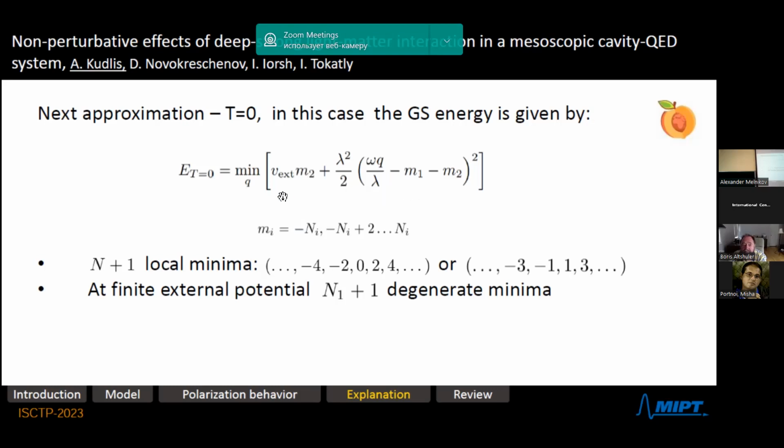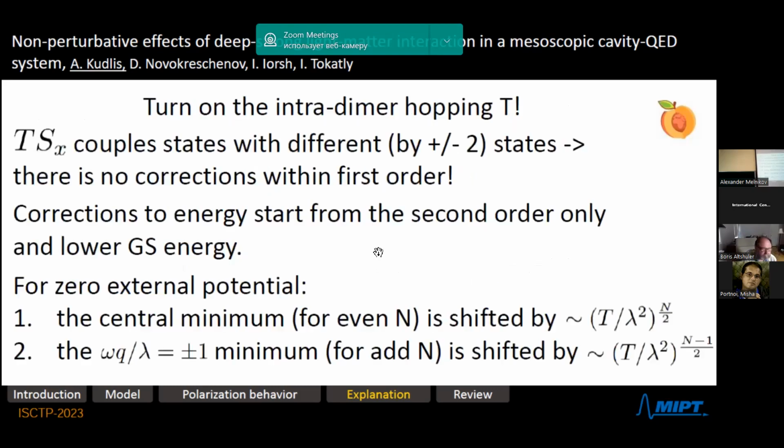When we turn on external potential, this degeneracy is reduced to n1 plus 1. And as the next step, we can also turn on hopping and perturbatively take the hopping into account, this t sigma x contribution to the Hamiltonian.